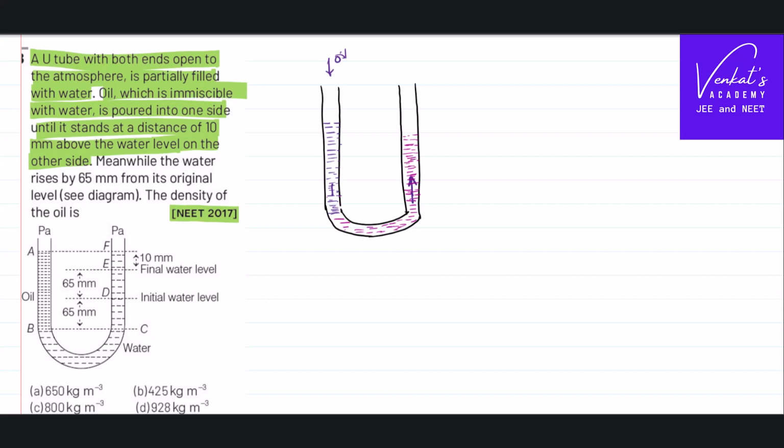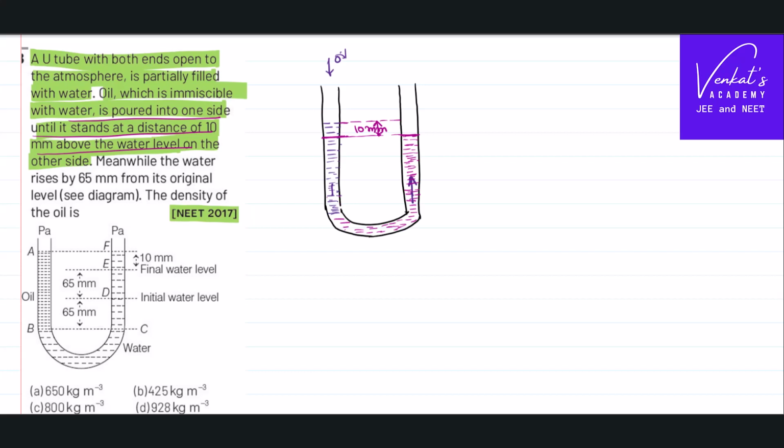What he's saying is oil is poured into one side until it stands at a distance of 10 millimeter above the water level. So when compared with the water level, oil stands at a height 10 millimeter above. So this is 10 millimeter. This is the final diagram that he is describing.